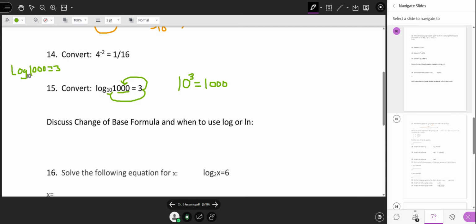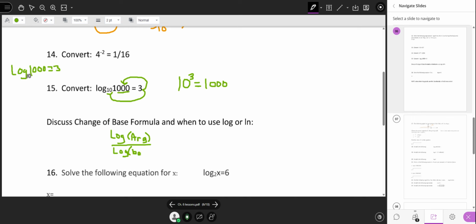Now, when you're using Desmos, you don't have to use change of base. But if you use Mr. Goodbuddy, you have to do log of the argument divided by log of the base if the base is not 10.